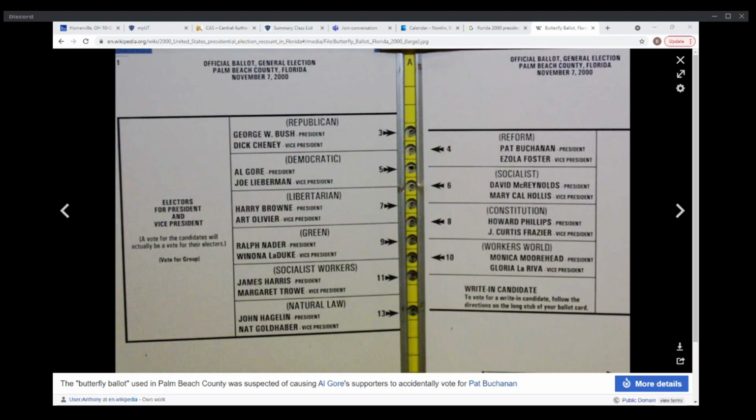That's why George Bush won the election, because he took Florida. It all came down to Florida. And if you look at what probably happened, 3,000 of Gore's votes probably went to Pat Buchanan, and he would have been president.